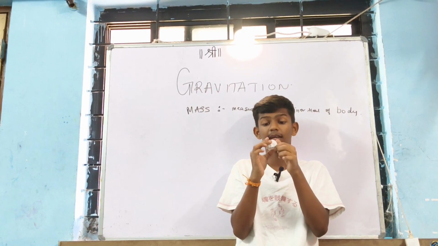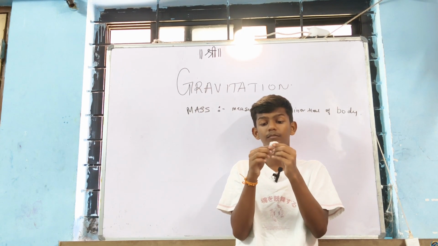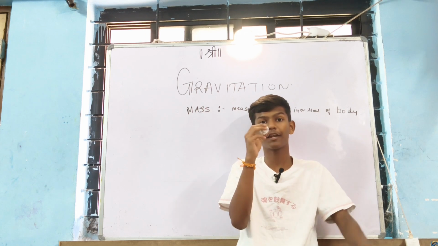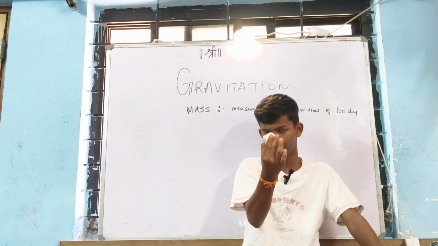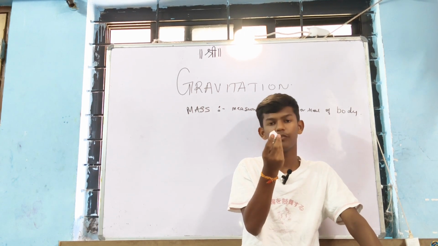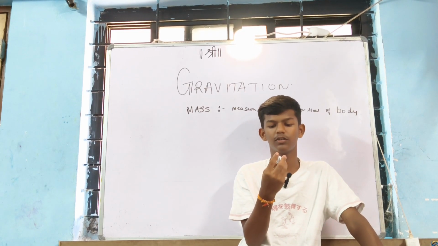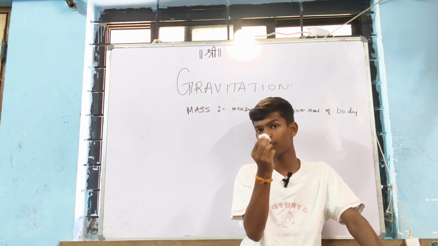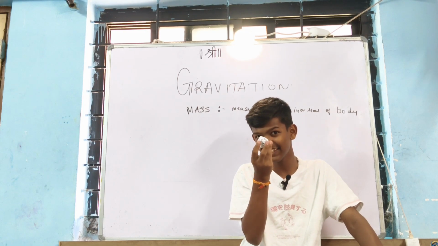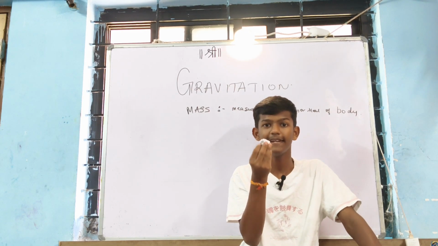You can say the mass is the number of atoms. You may get confused, but to say it simply, it is the number of particles in this object, in this body, that is known as mass.